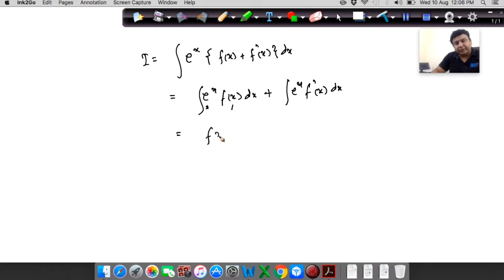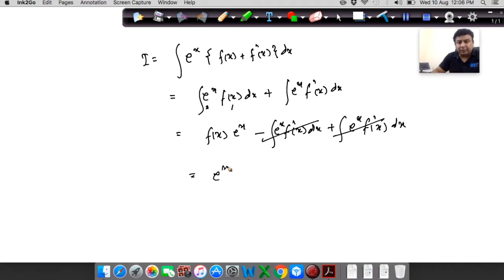So first function as it is, integration of e to the power x is e to the power x, minus integration of differentiation of first function f dash x into integration of second function e to the power x dx, plus, and this I carry forward, e to the power x f dash x dx. Now you see these two cancel.